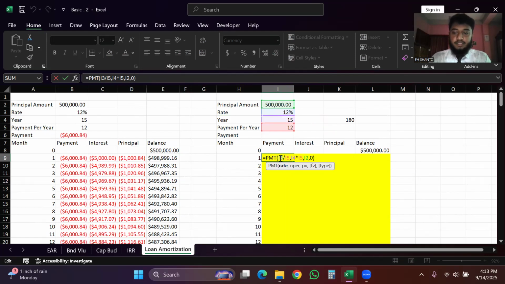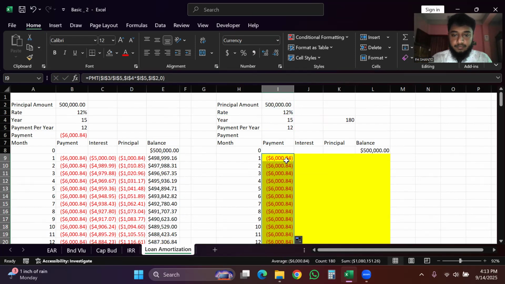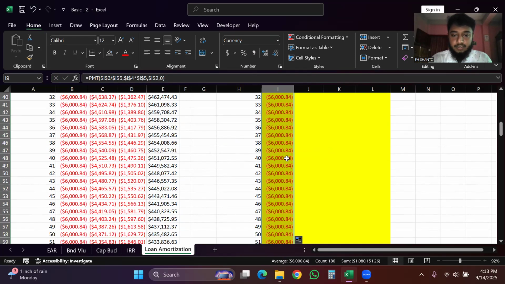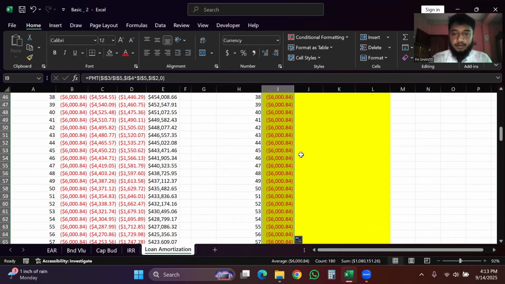The term is freeze. We will do it by the function F4 button. When we press F4, we can freeze all the items here, and press enter button. Here you can see when we double click on this first cell, all the cells are filled up.